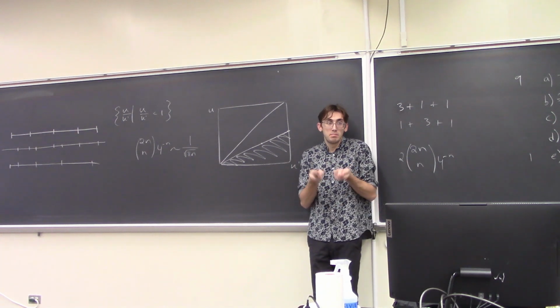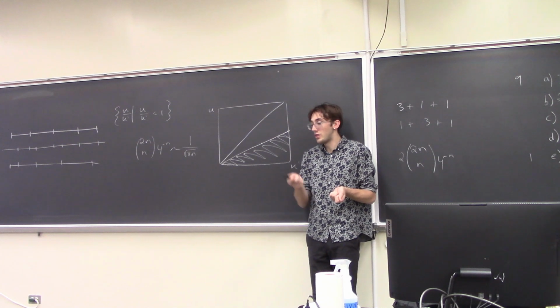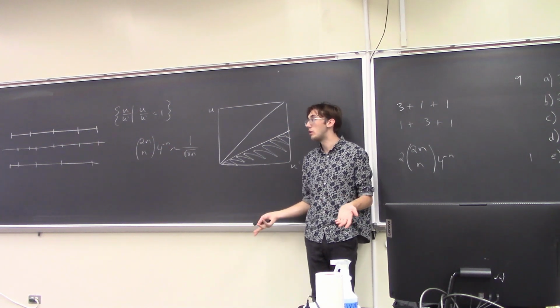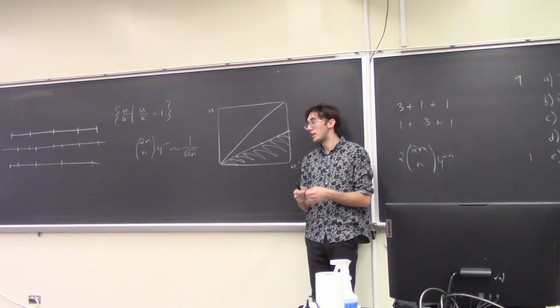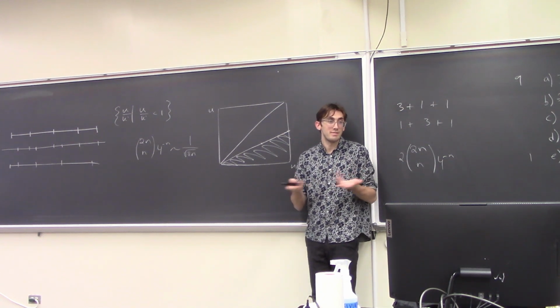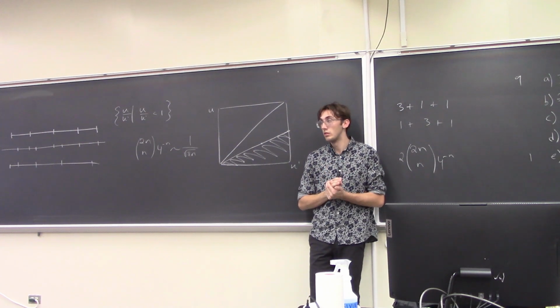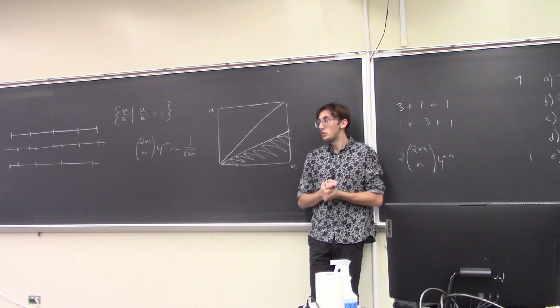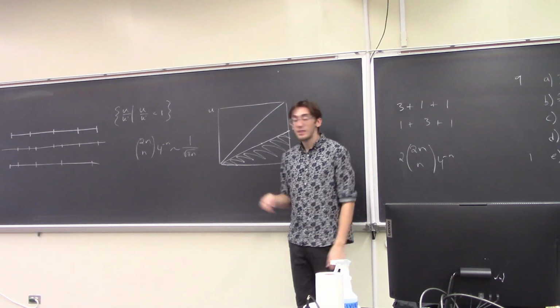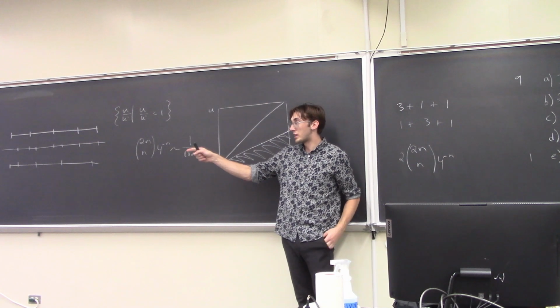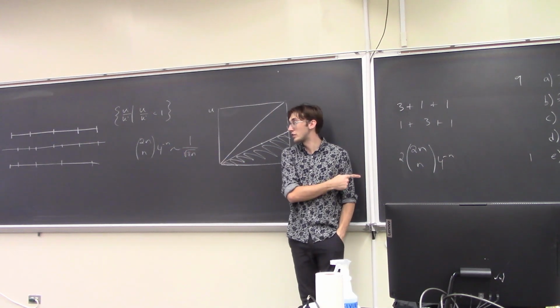Because in a continuous probability distribution, the probability of any one thing happening is 0. I don't know how much measure theory you all know, but the probability of one thing happening is 0. And so somehow, magically, discrete problems and continuous problems can have the same discrete answer.